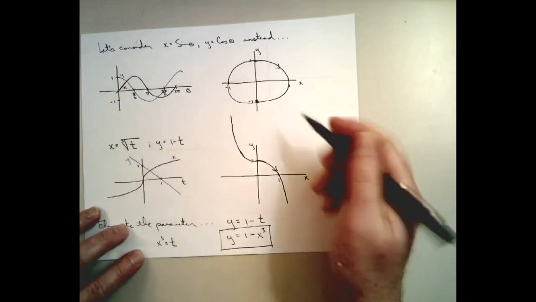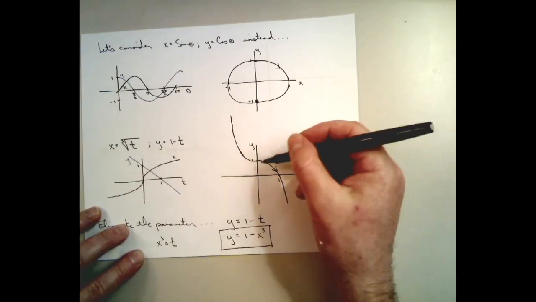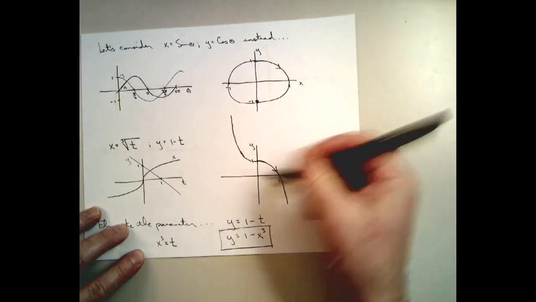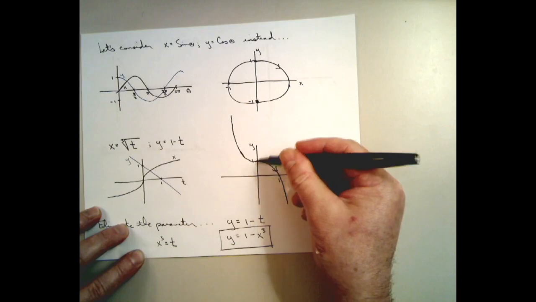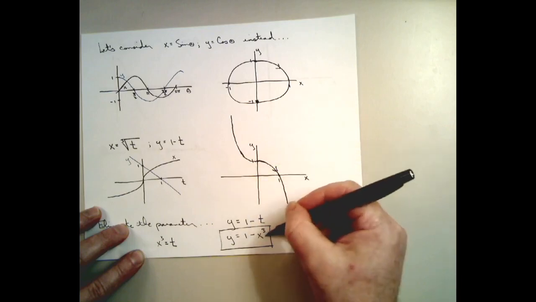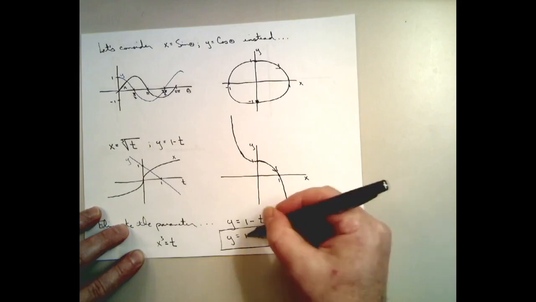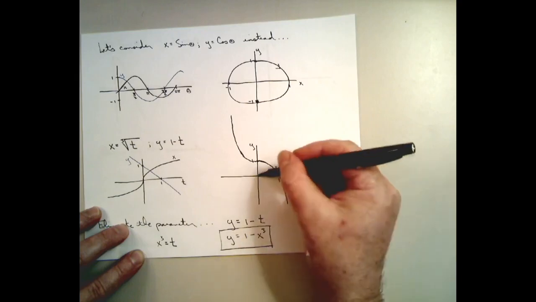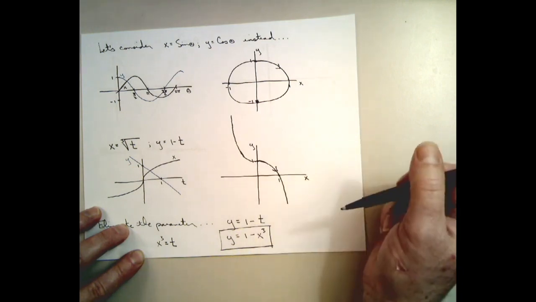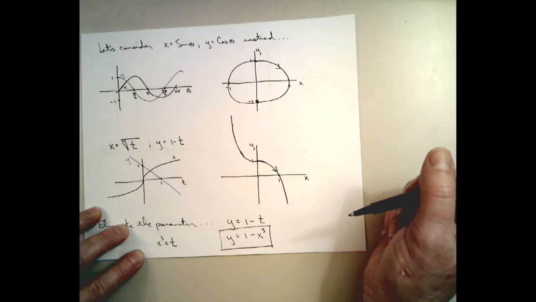And if we go back up here and look, this does look like, doesn't it, if this point were down here, that would look very much like the opposite of x cubed. And adding 1 to that bumps us up 1. So that's a nice little check that our graph is what we in fact have drawn.